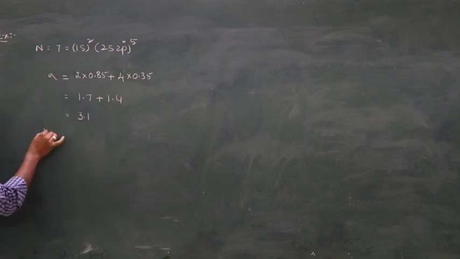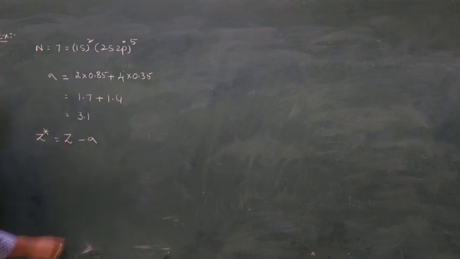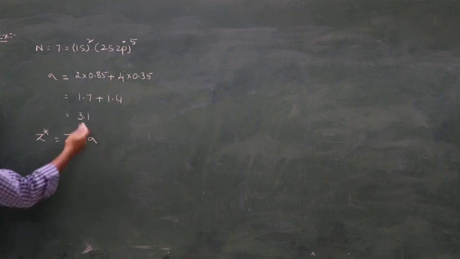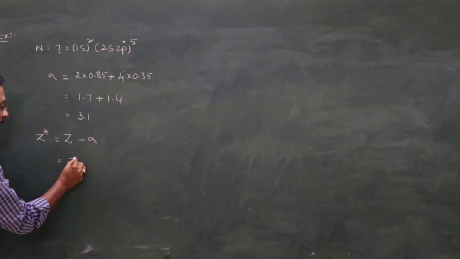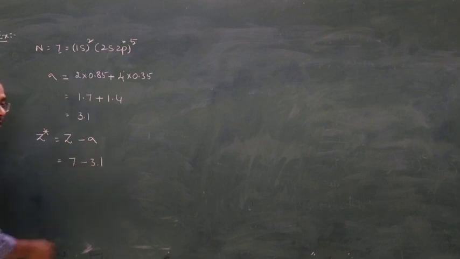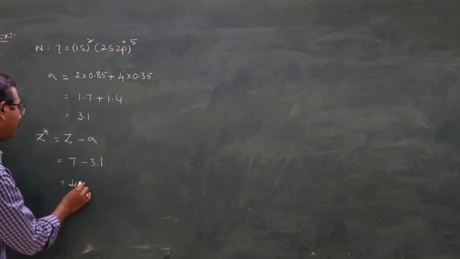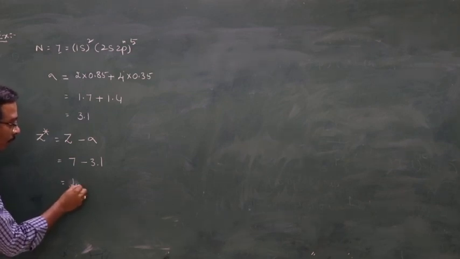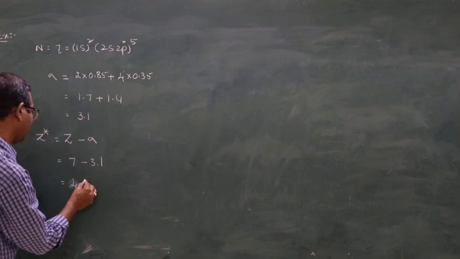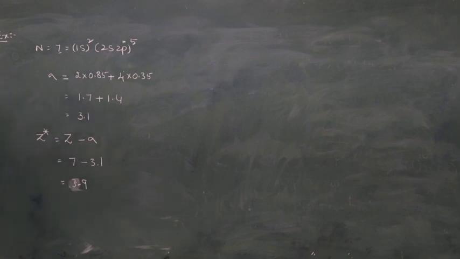Now, effective nuclear charge Z star is equal to atomic number minus Slater constant, nothing but repulsion force, nothing but shielding effect, nothing but screening effect. What about the atomic number of nitrogen? 7 minus 3.1, that is equal to 3.9.